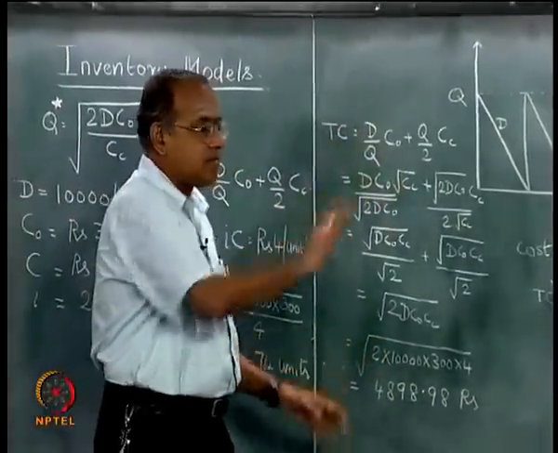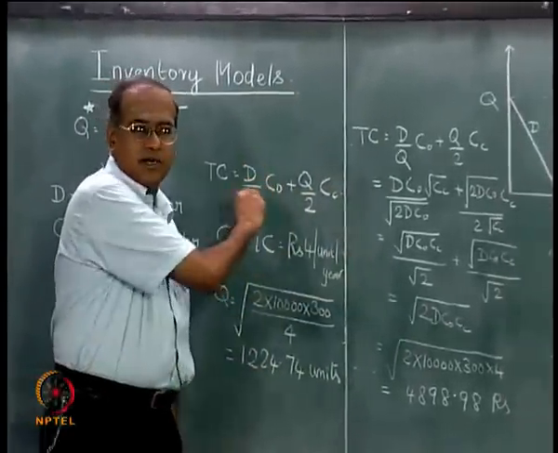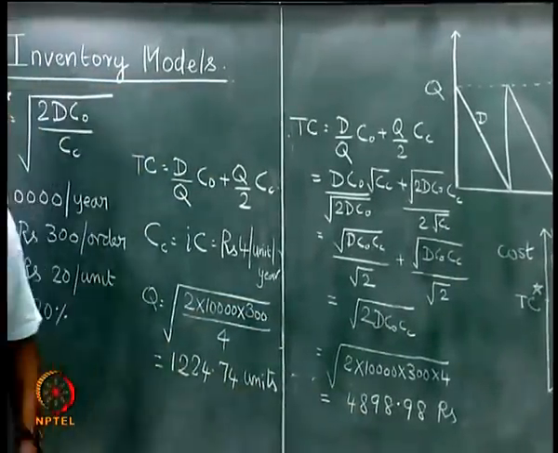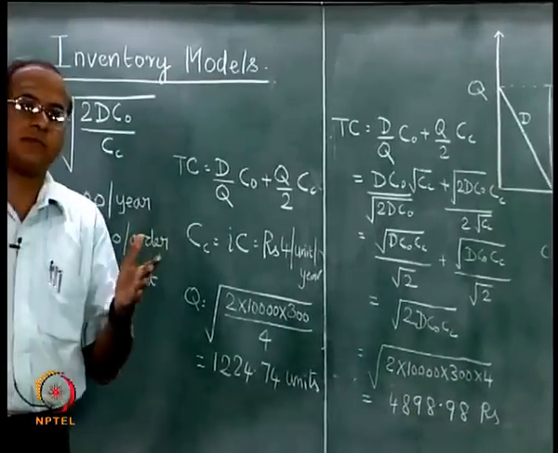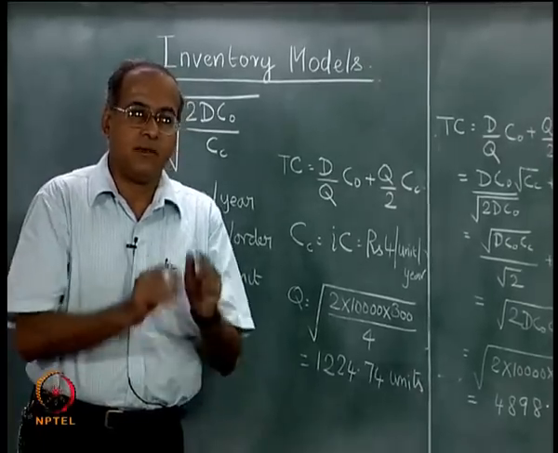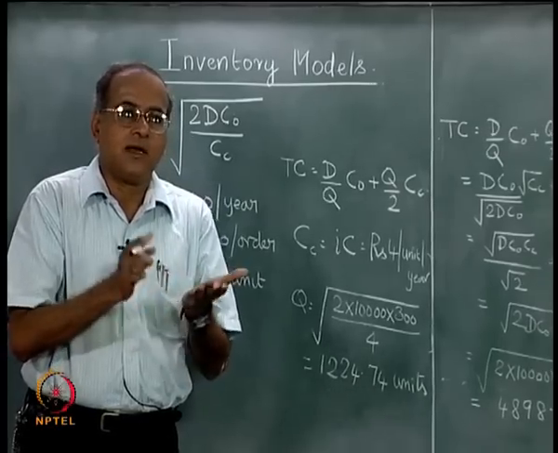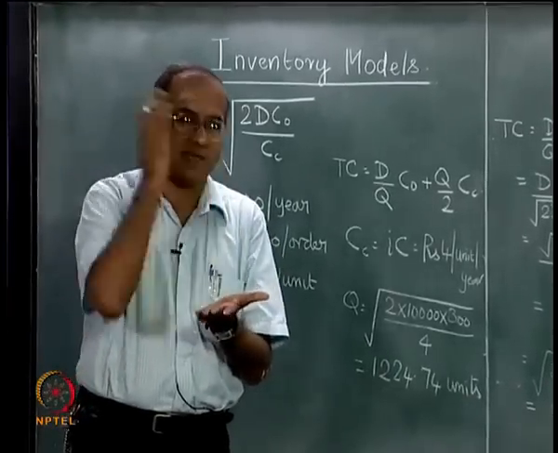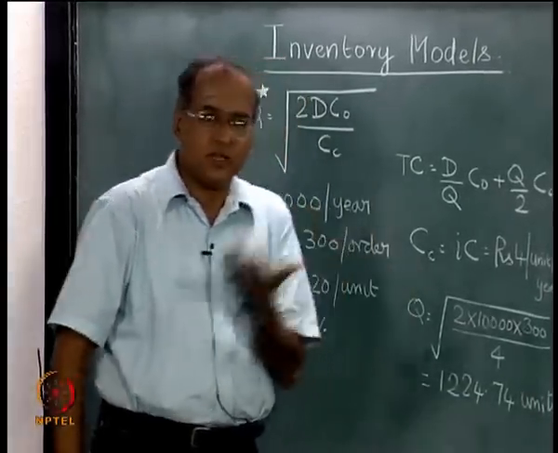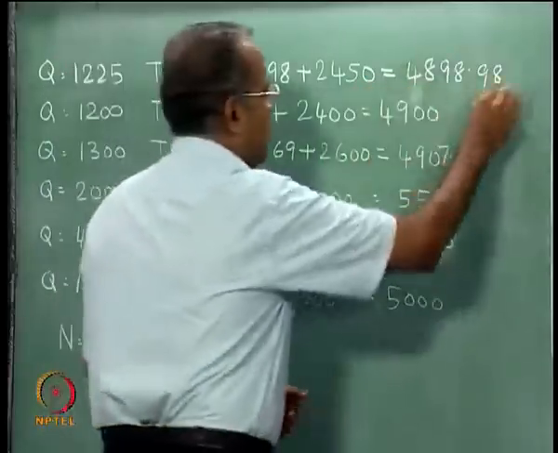But what we learn from this is that even though the actual results of the economic order quantity like 1224, 4898, sometimes or many times may not be implementable exactly as they are, the important learning is that we need to fix our order quantities as close to the economic order quantity as possible, subject to other constraints and considerations, so that the actual cost that we incur is still around this 4898.98.